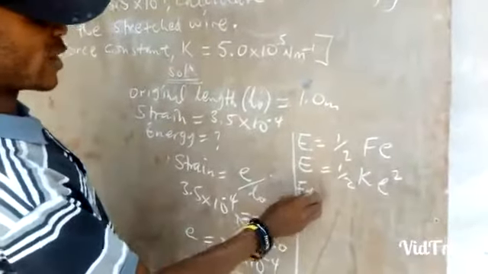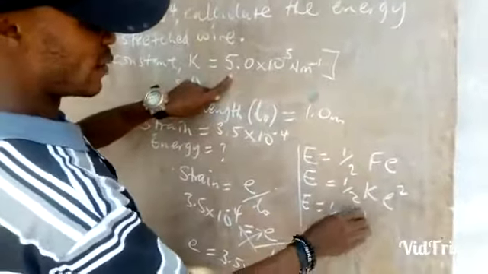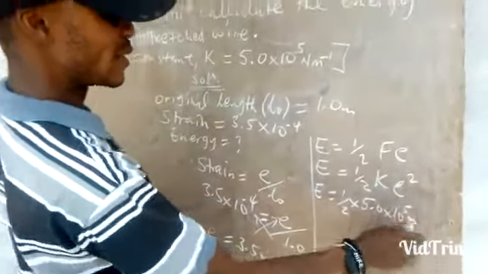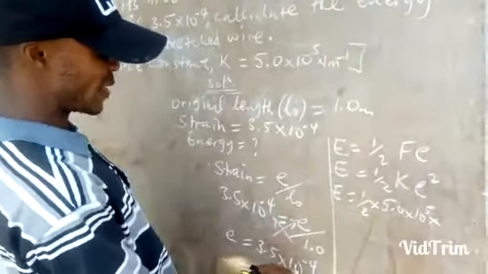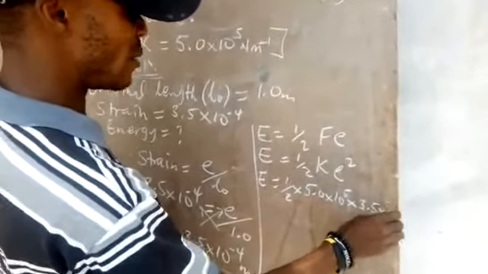Hence, we have half times K, which is 5.0 times 10 to the power 5, times the extension, 3.5 times 10 to the power minus 4.